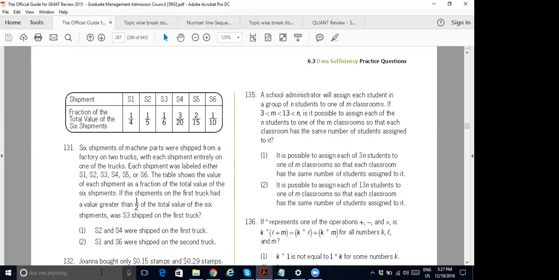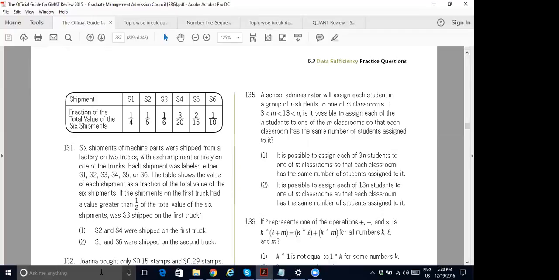Correct. So basically, if the total shipment value is 100, then greater than 50 is on truck one, and then determine if S3 will be able to fit on that truck or not. So S3 and S4.